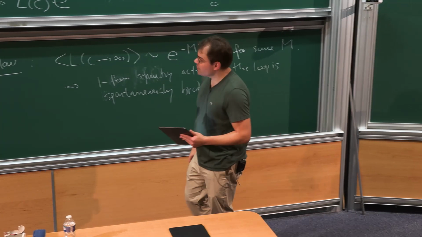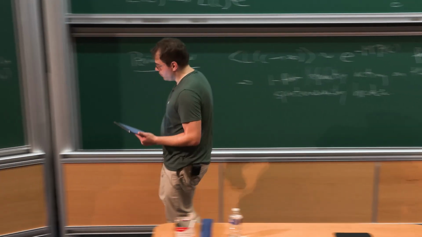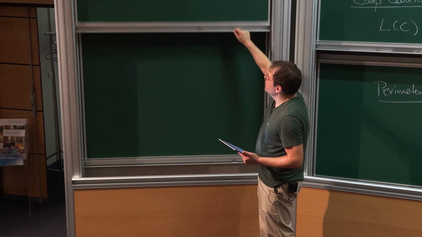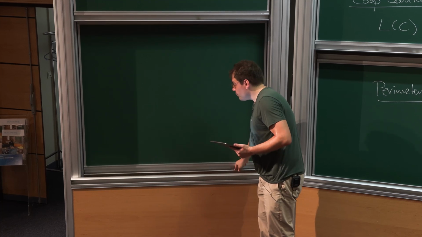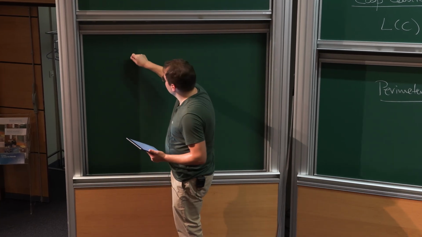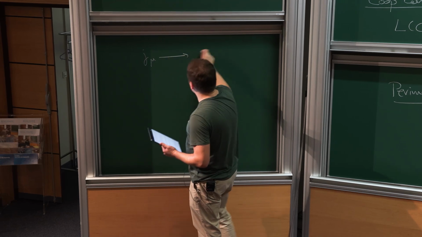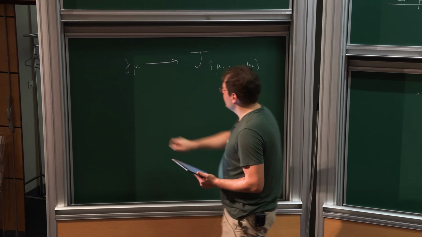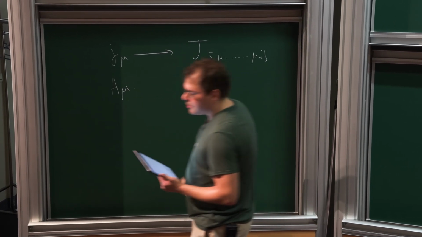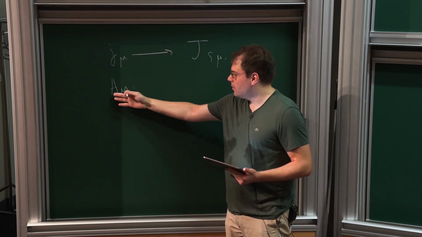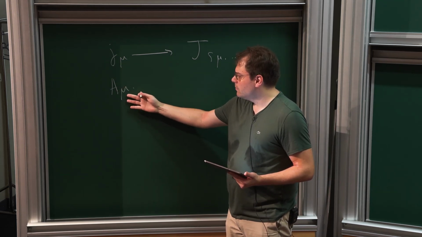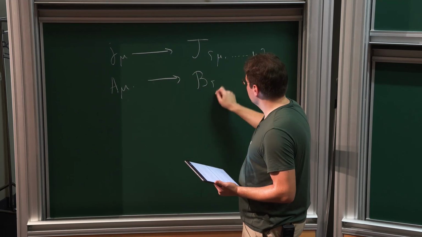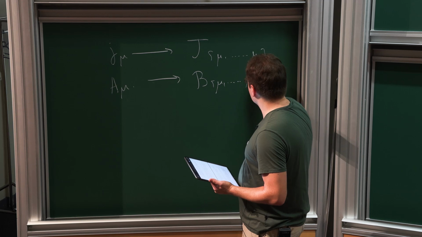So in order to do that, we're first going to have to understand how to generalize the notion of a background field from ordinary symmetries to higher form symmetries. And the generalization is fairly intuitive. We've said that the generalization involves going from an ordinary current to a fully antisymmetric current. So it doesn't come as a shock that the generalization of a background field goes from an ordinary one-form vector field to something that has many fully antisymmetric indices.